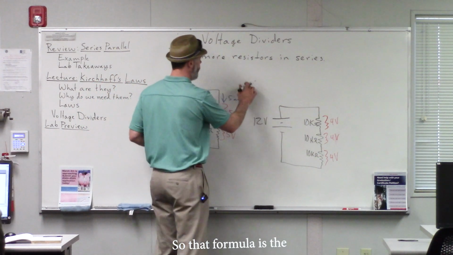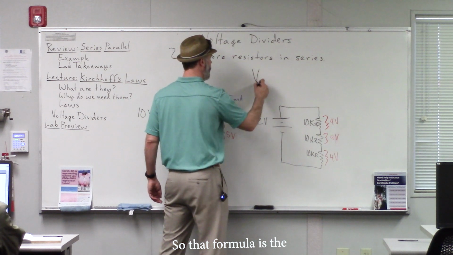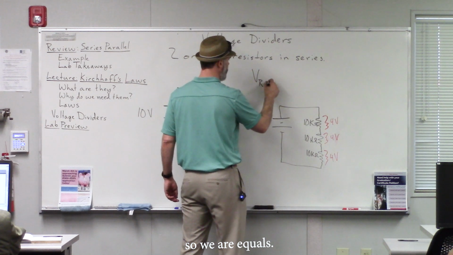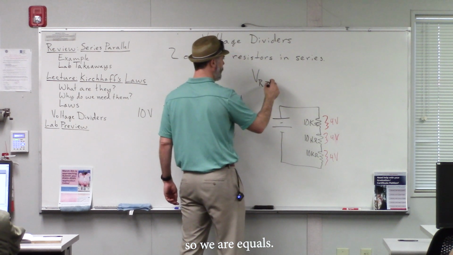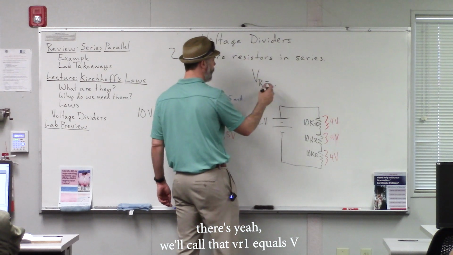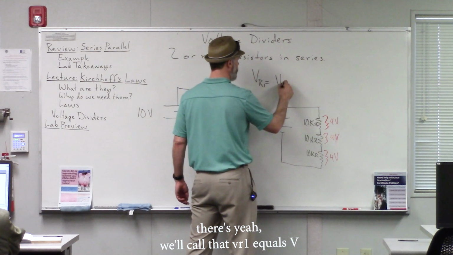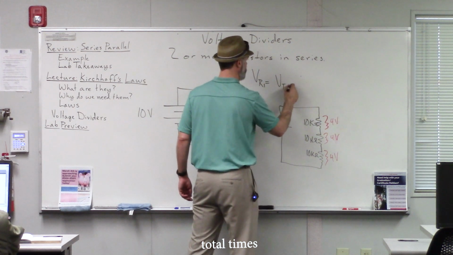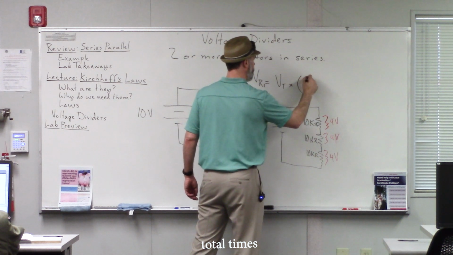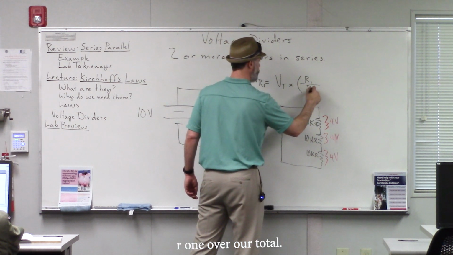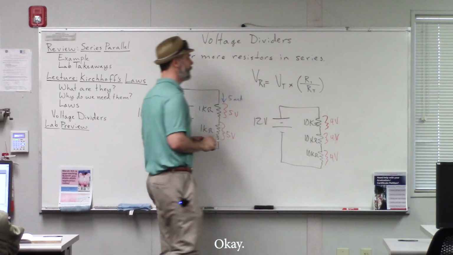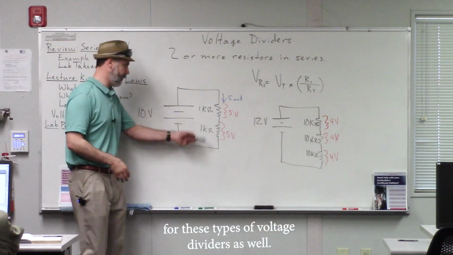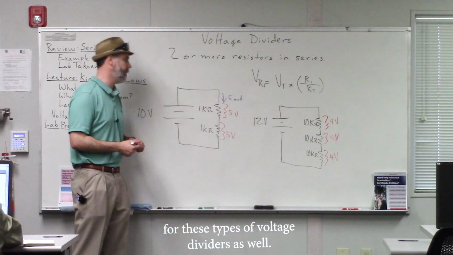So that formula is VR1 equals V total times R1 over R total. Okay? And that formula works for these types of voltage dividers as well.